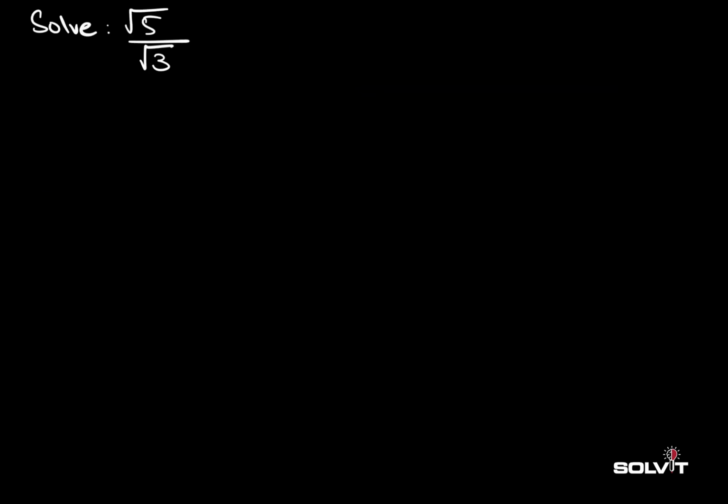So let's just look at another example for rationalizing. So in this case now it's √5 over √3. So what do we need to do? We just know कि ये fraction 1 से तो multiply हो ही रहा है.